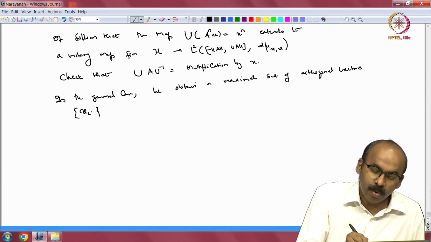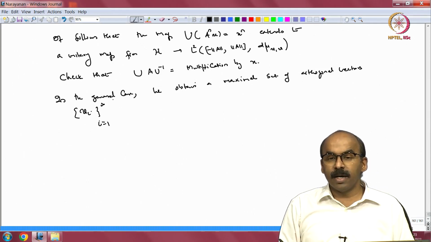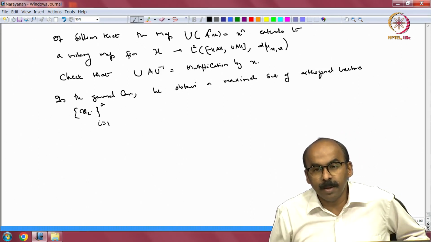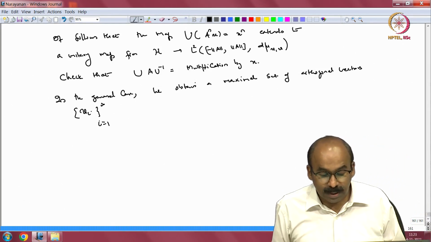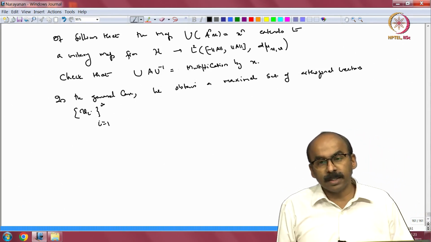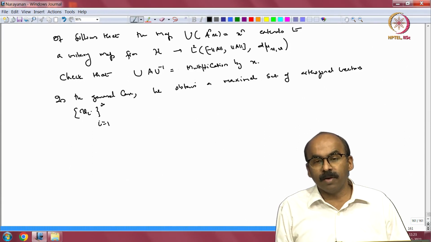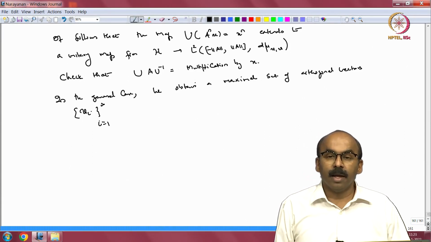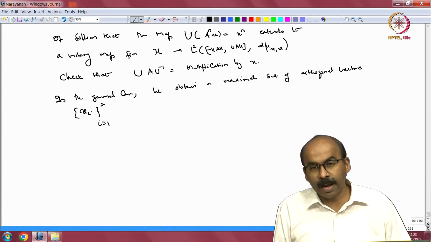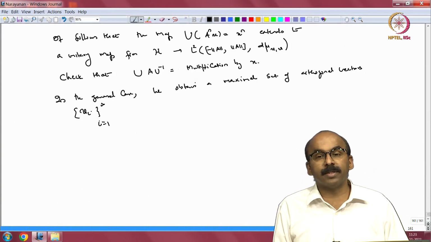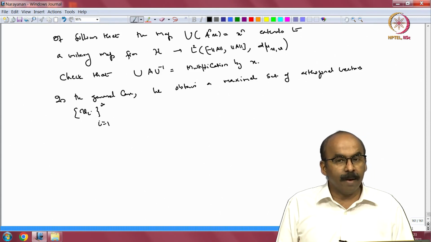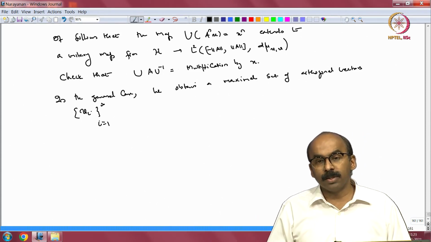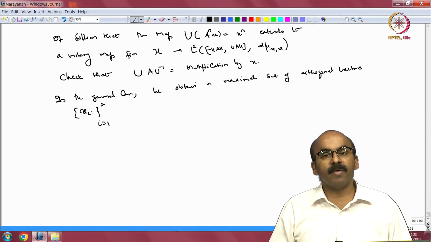So, now i is going to be 1 to infinity. If the Hilbert space is infinite dimensional, then you will get infinitely many orthogonal vectors or finitely many also, we do not know, such that each of them gives me a cyclic subspace, right. So, for Vi, I look at V1, I hit it with powers of A, look at the span closure, that is one subspace of the Hilbert space, and that is left invariant under A, and its orthogonal complement is also left invariant under A, and we can continue.